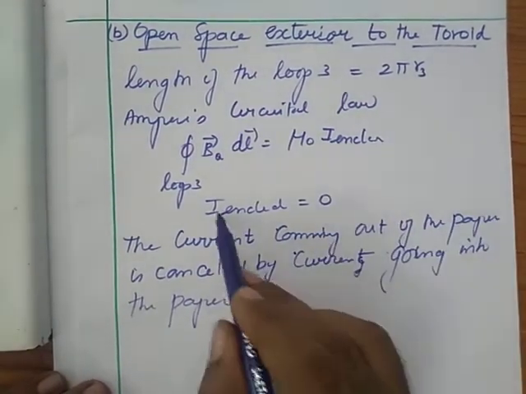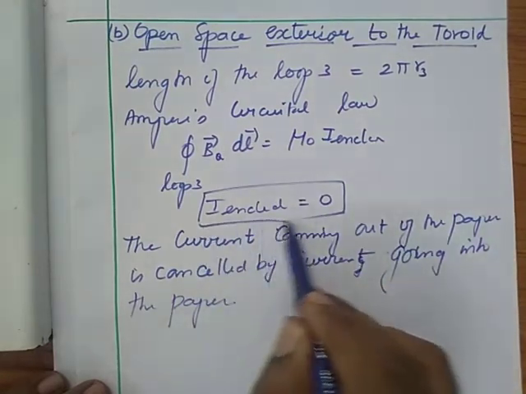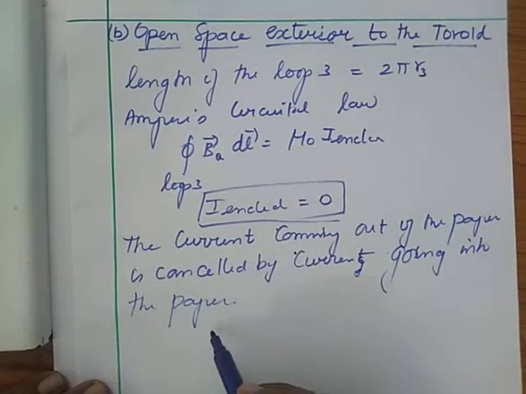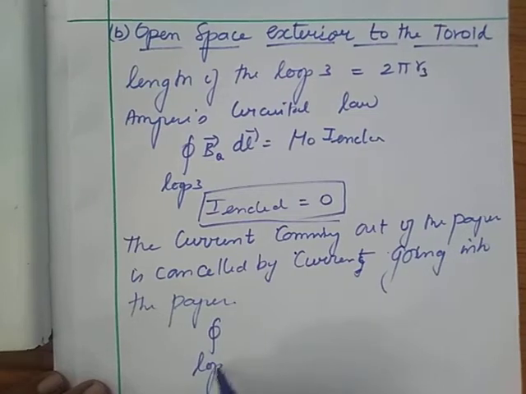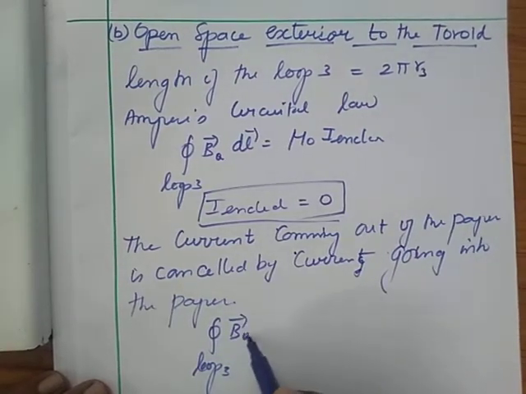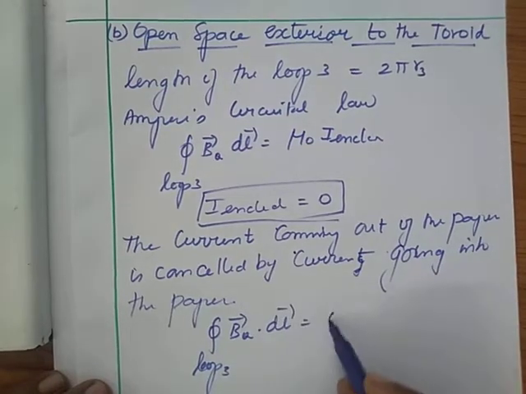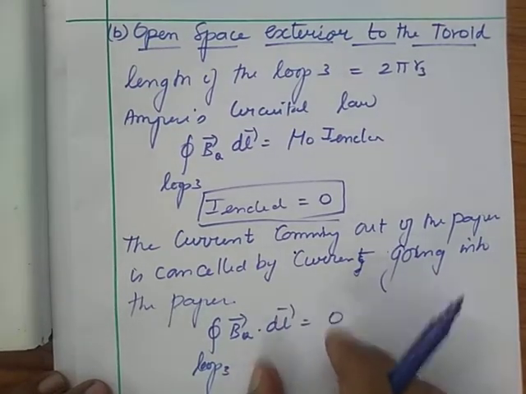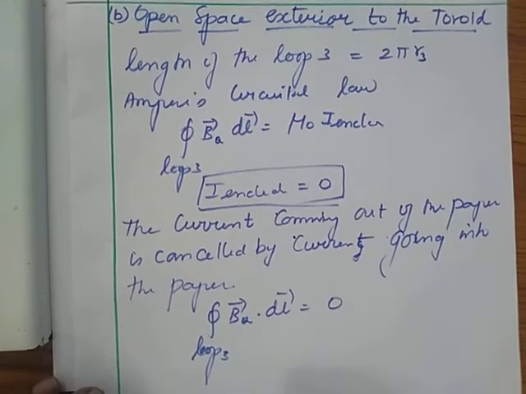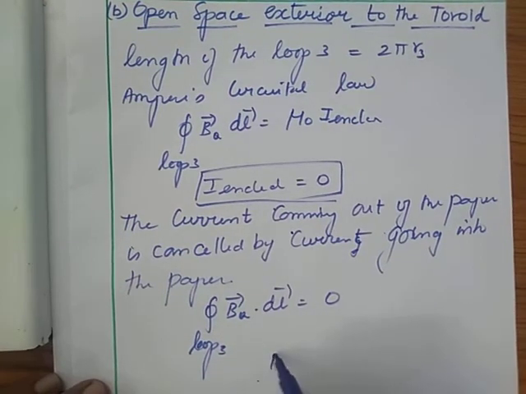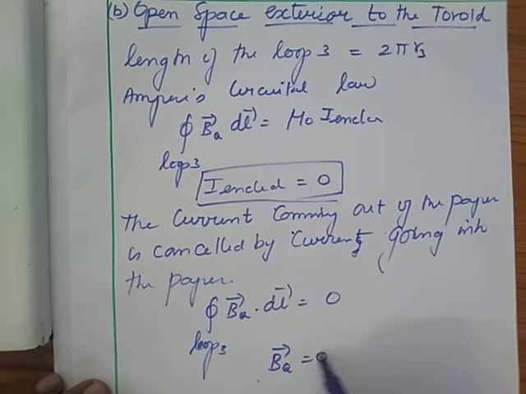So the current in that Amperian loop will be 0. So we can write the closed integral of loop 3, B at Q vector dot dl vector, is equal to 0. This will be 0, only the magnetic field at Q will be 0. Then we can write B at Q vector will be 0.